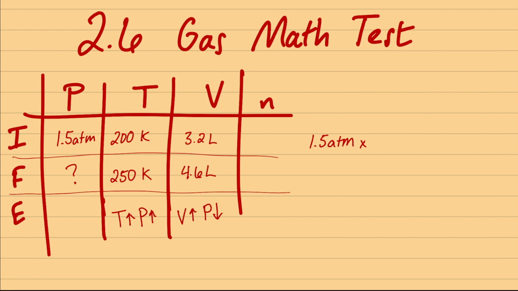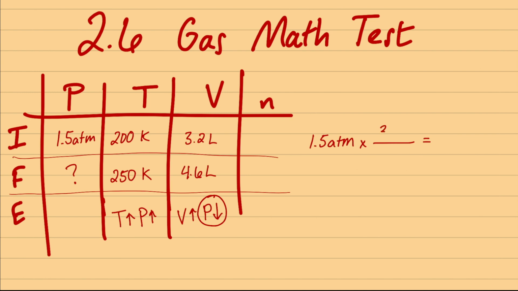So I'm going to take my 1.5 atmospheres, and I'm just going to pretend that I only have a volume change here. So let's take that 1.5 atmospheres at 3.2 liters, and let's just make it take up more space. Not even change the temperature, just make it take up more space. Well, that way I know for sure that just that change should cause a decrease in pressure.